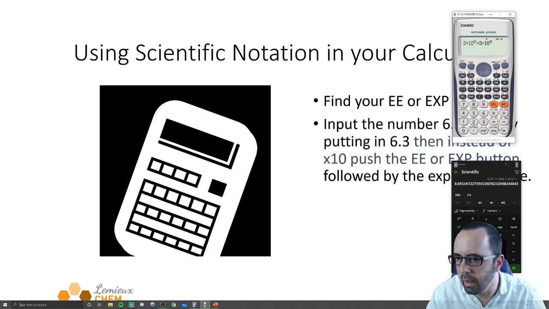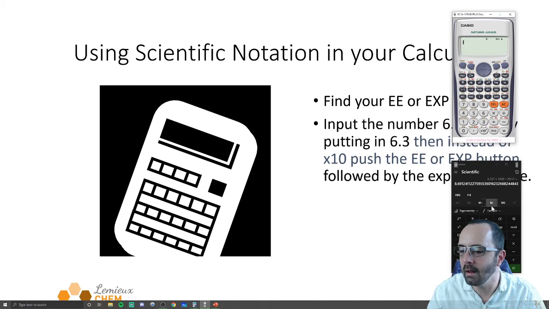Don't do this, okay? Because look, it's not going to give you 1. This should give you 1. It doesn't. It gives you a million. Because if you don't use your EE or EXP, it thinks that you want to multiply by this times 10 to the 3 instead of divide by it. So don't ever do this. See how this is wrong? Don't do that. Instead, use your EE or EXP.